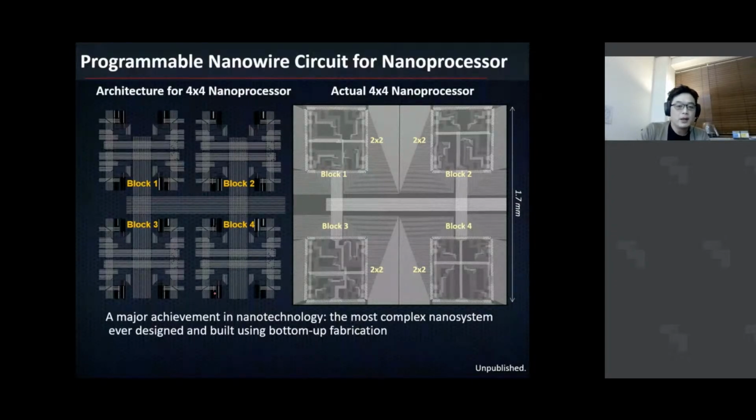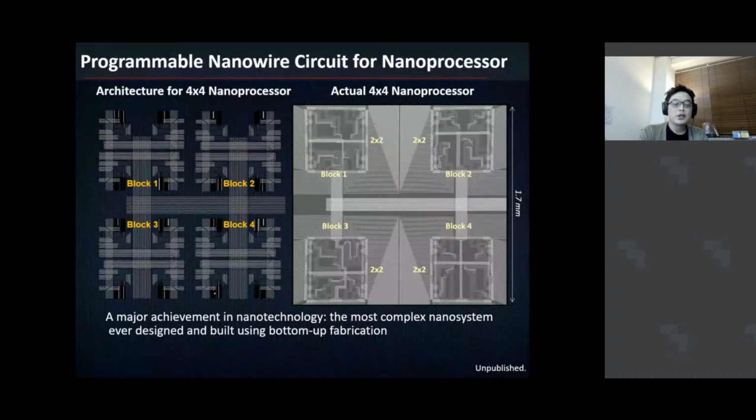Let's go back to the first slide that I showed you initially. Again, there are 1024 transistors in a 1.7 square millimeter area. That's amazing. I think that's still the world record in terms of the number of transistors we made.